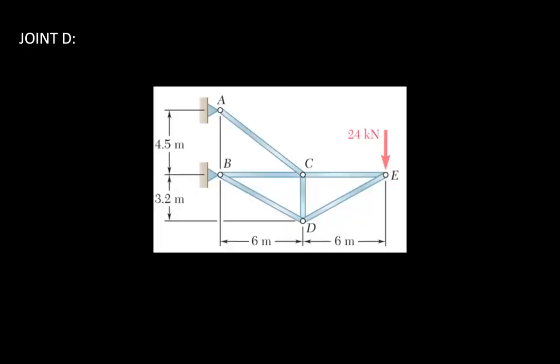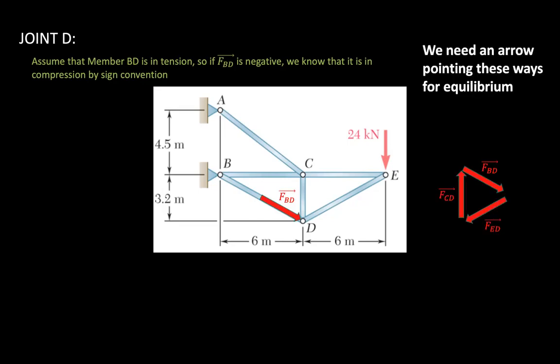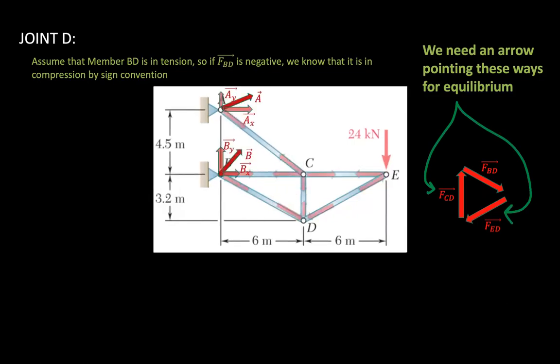So for joint D, we're going to be focusing on that now. Assume that member BD is in tension. So if FBD is negative, we know that it is in compression by sign convention. Here's FBD. We need an arrow pointing this way for equilibrium. And keep in mind all the forces again. Basically, why does FED point in that direction?